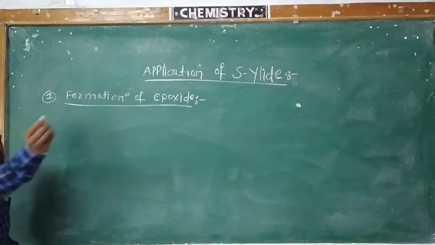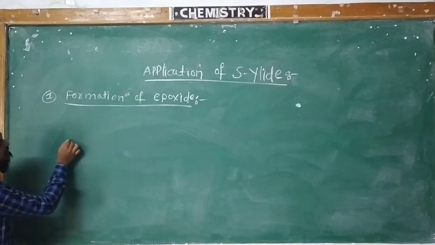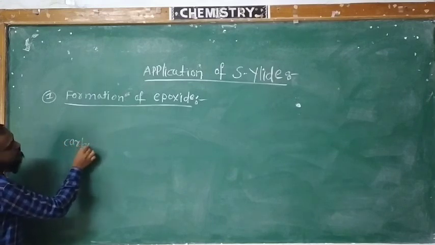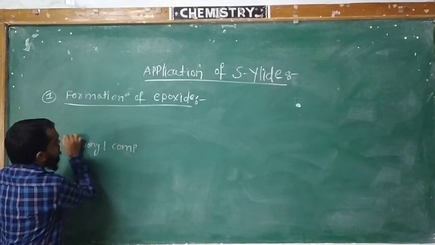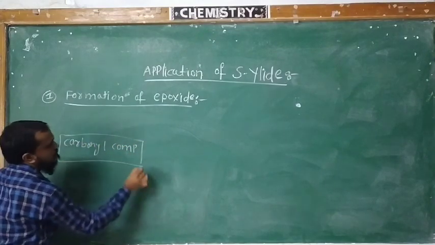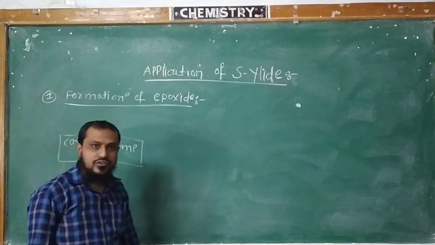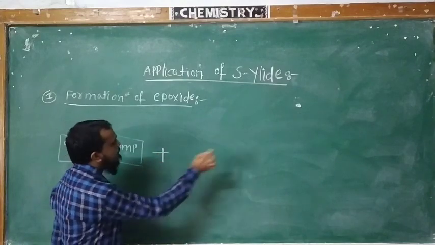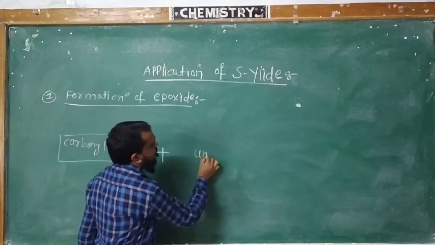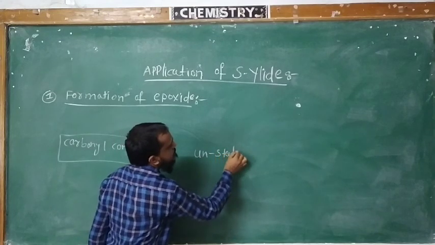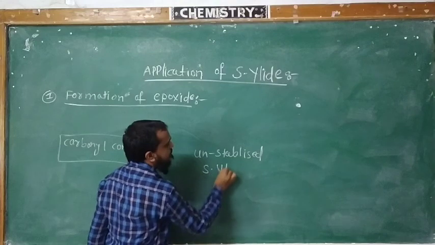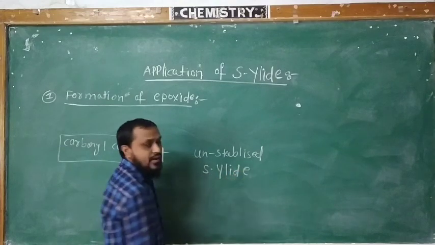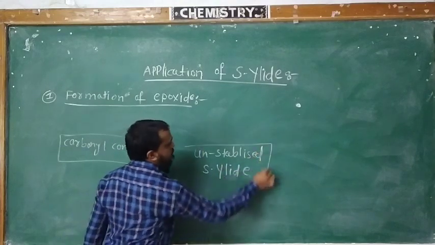Now let's see here. This is our carbonyl compound. This is the first substrate molecule and unstabilized sulfur ylide is the another substrate molecule.